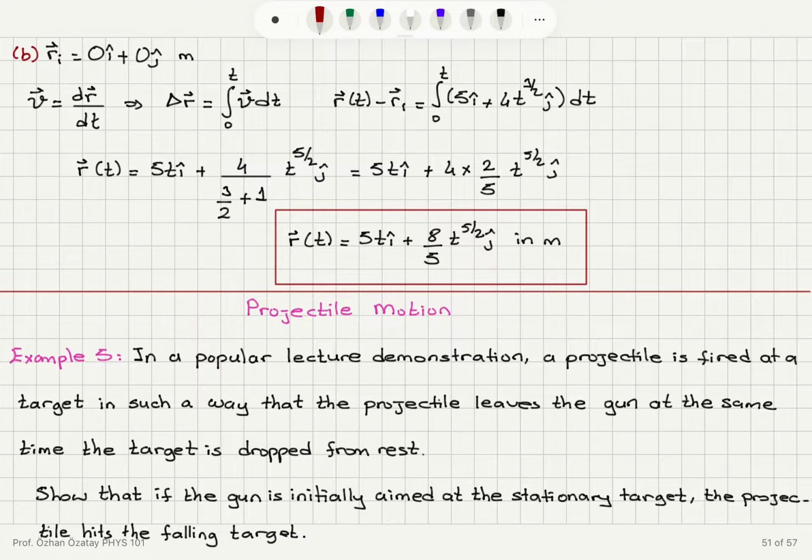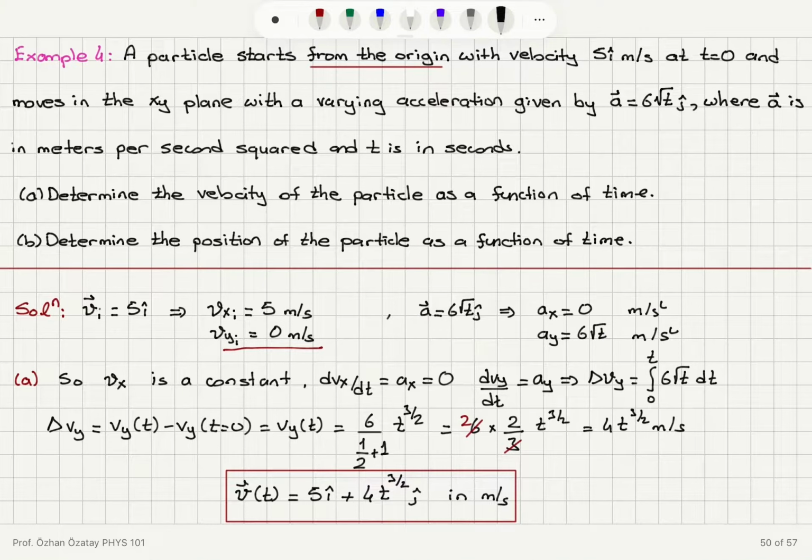Okay, so in this example, we have a particle starting its motion from origin. It has a constant x component of velocity because it has a time varying acceleration on the y-axis, 6 square root t j hat.